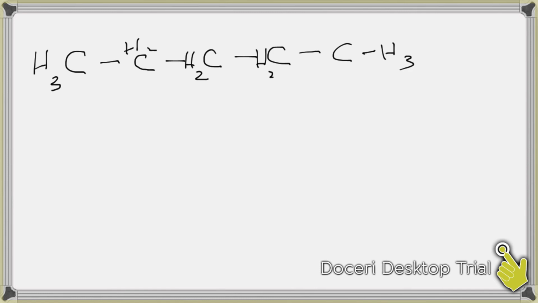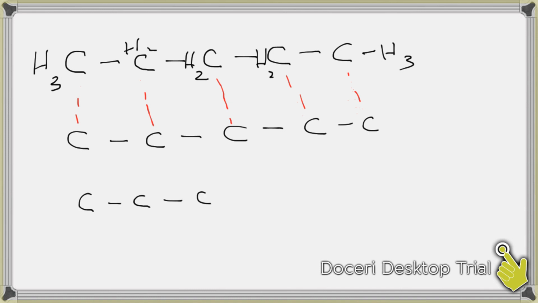Then if I draw another pentane, 1, 2, 3, 4, 5, it interacts like this. This is an interaction, right? And then if I draw the 8 carbons, 1, 2, 3, 4, 5, 6, 7, 8, longer, right?